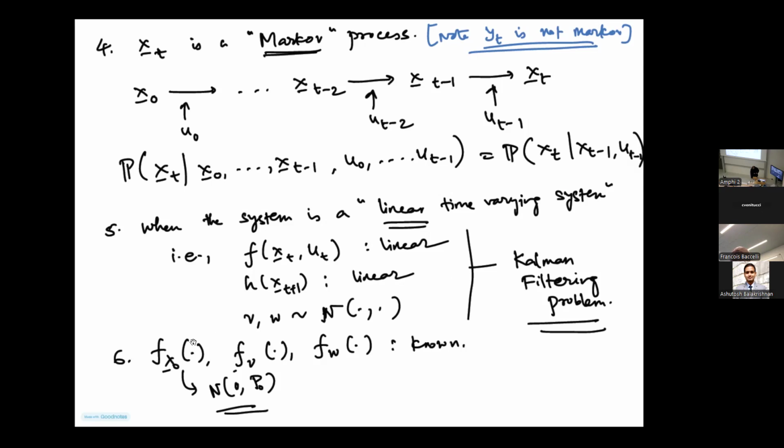And it is assumed that we know the initial state distribution, that is x0, which is also considered to be Gaussian, having some covariance P0. We also know the distribution of the noises V and W, and all three are Gaussian in this case. So this is called a Gauss-Markov model, and the linear time varying analysis is the Kalman filtering problem.